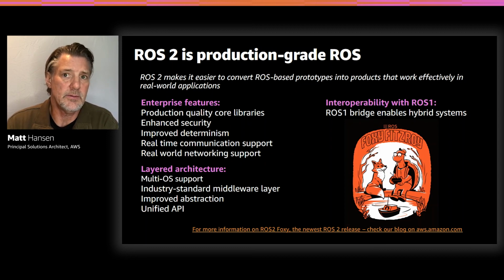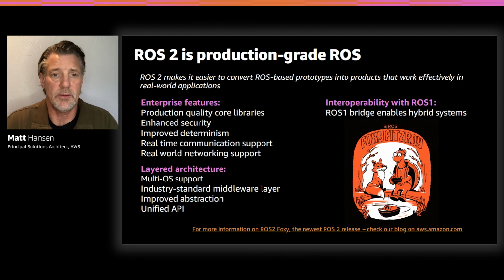And lastly, ROS 2 provides a bridge that allows you to run a hybrid system with both ROS 1 nodes running and communicating with ROS 2 nodes, such that you can either run a hybrid system permanently, or you can migrate your ROS 1 nodes over time into ROS 2, as you migrate each one, you essentially move it across the bridge.